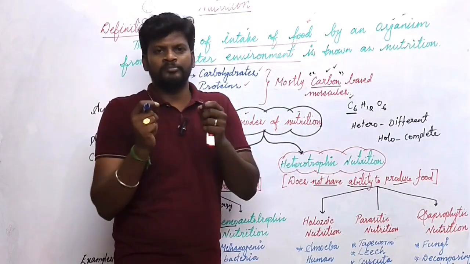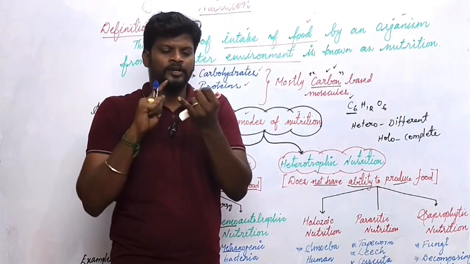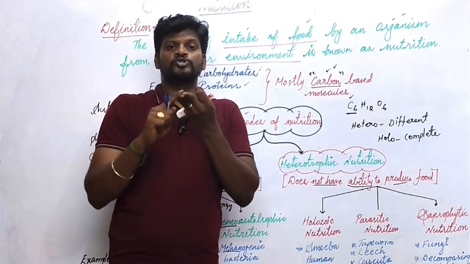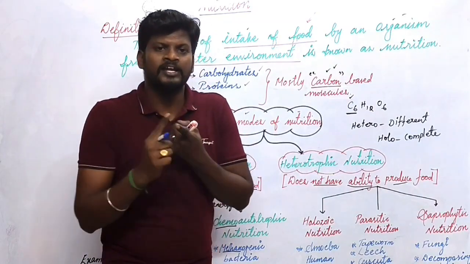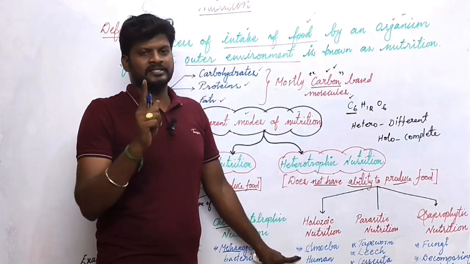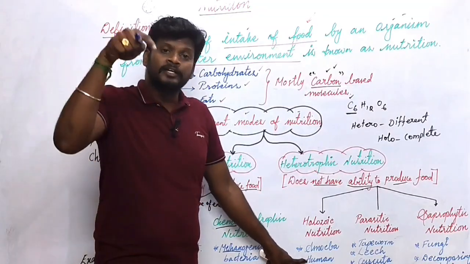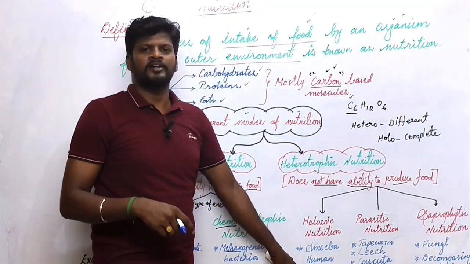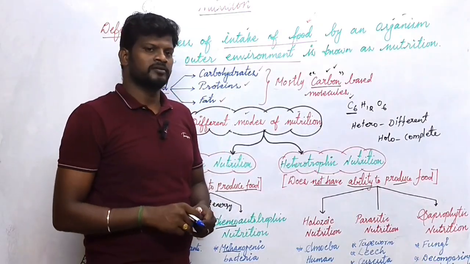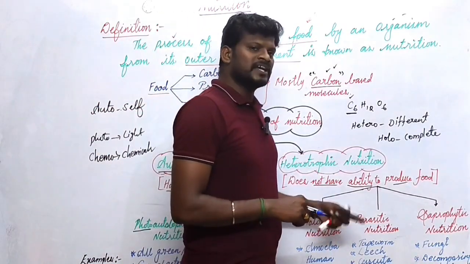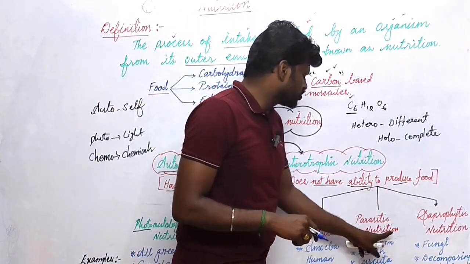Hope you know that amoeba is a unicellular eukaryotic protozoan, an animal-like organism, right? So amoeba is one example, and most of the higher animals, including human beings, come under holozoic nutrition, right?